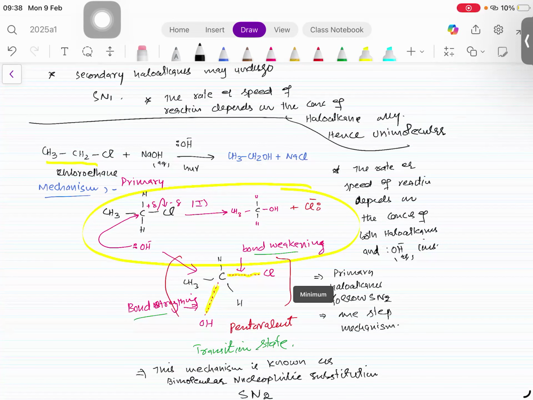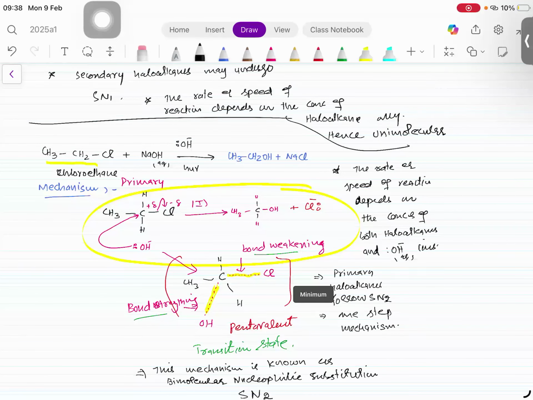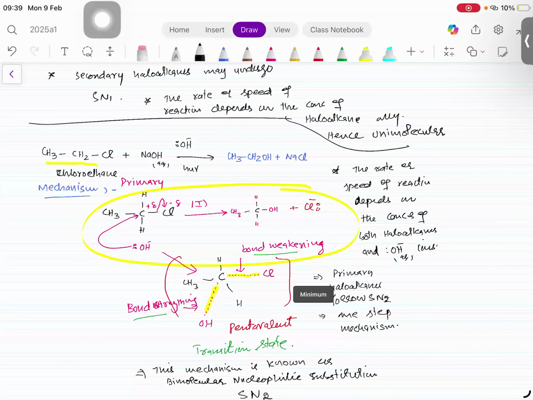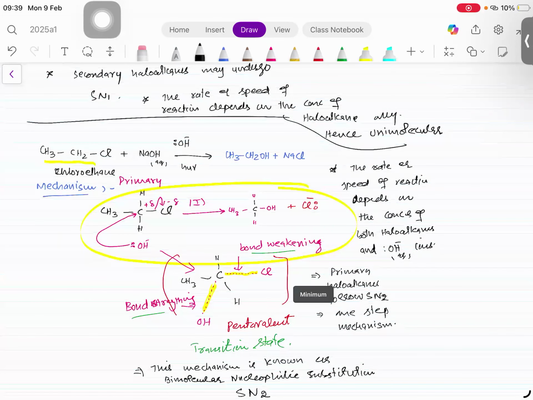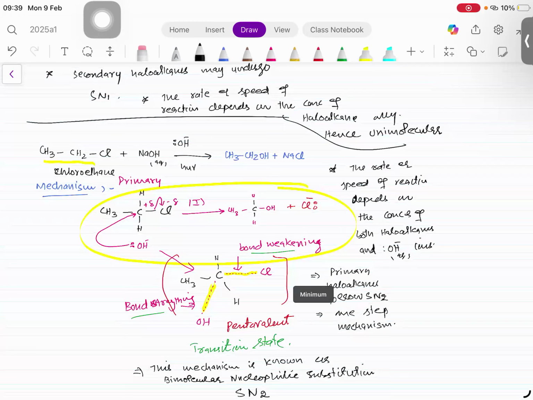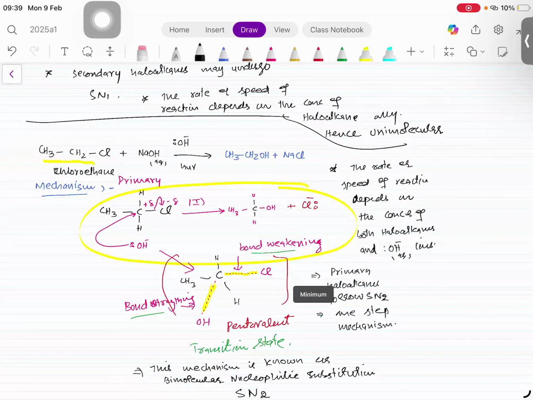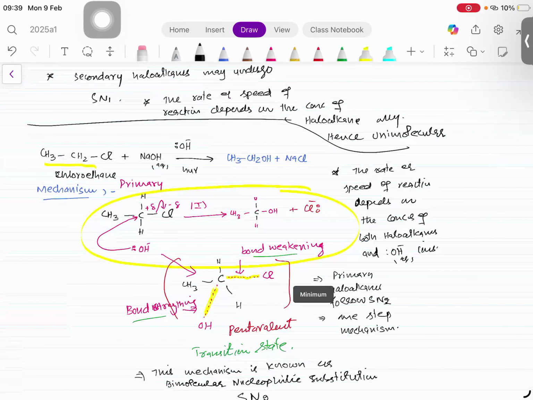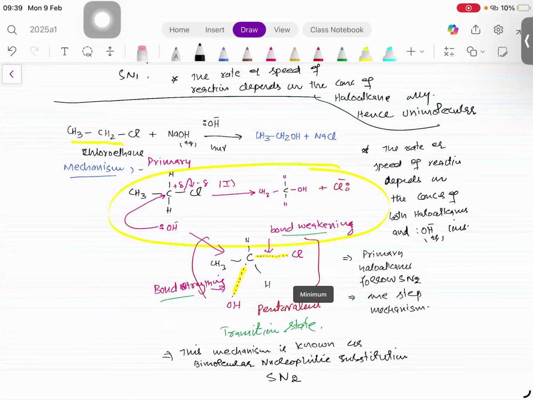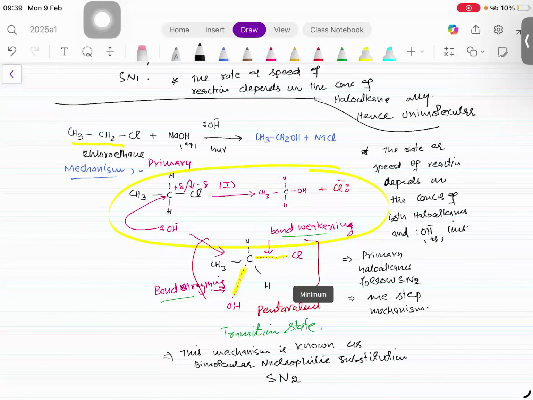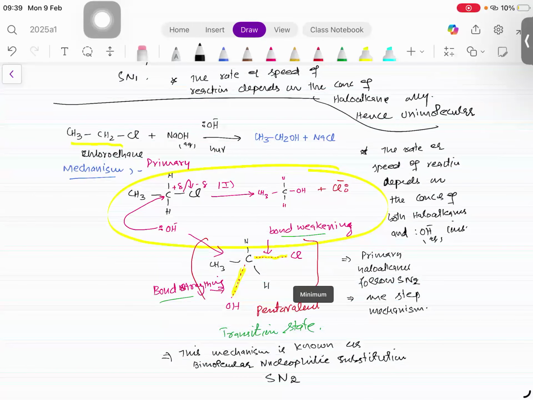Right. So when they ask you to draw in SN1, and they ask you what the pentavalent transition state is explaining, you know what to draw. And what it explains, I have also told you. Or in tertiary, it goes the same way: the leaving group leaves and the incoming group comes in the second step. Now I'm going to give you 4 examples in which you have to write the mechanism. That's your homework.